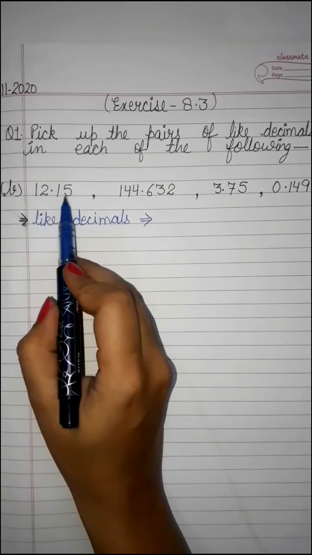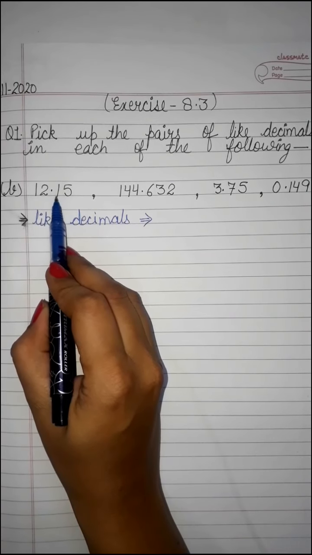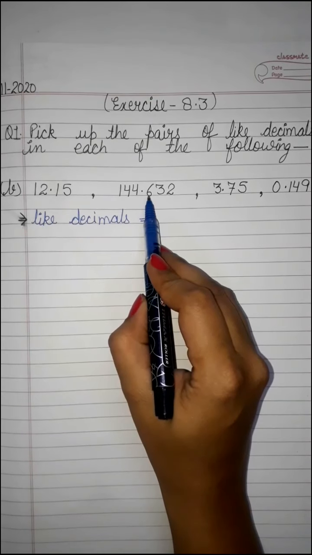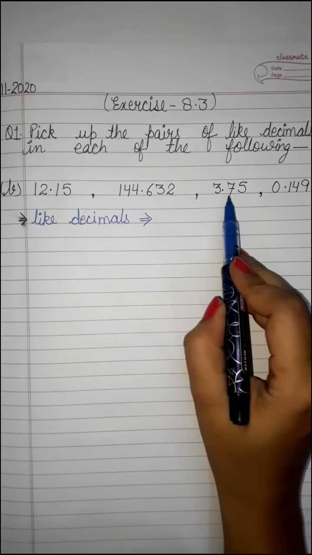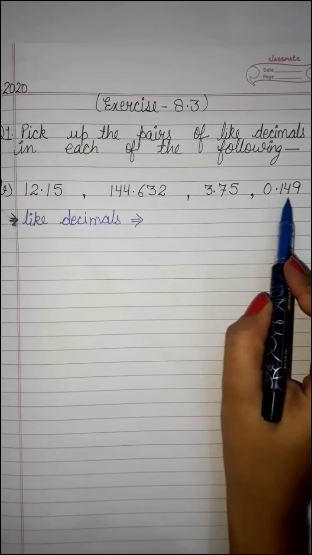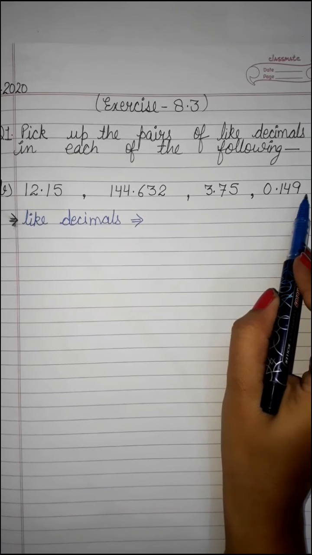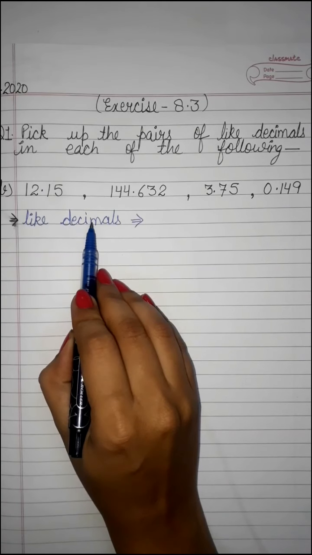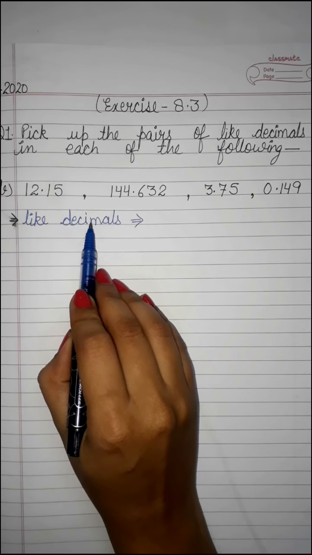Now see, in this, after the decimal we have 1 5. That means 2 places. In this we have 3 places. In this we have 2 places. And again in this we have 3 places. So children, like decimals are those which have the same number of decimal places.